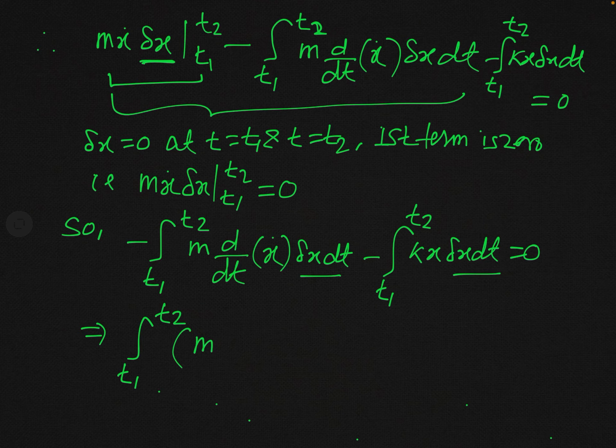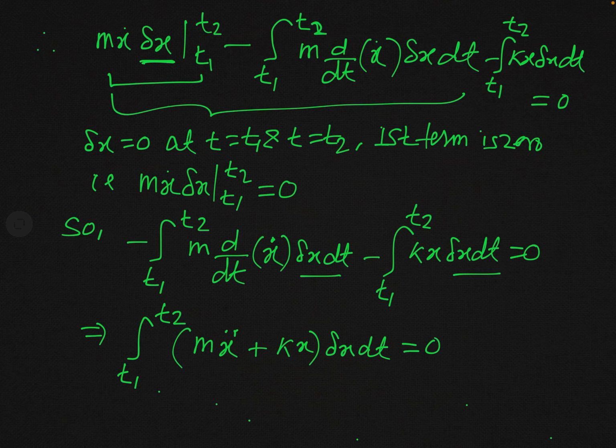When you differentiate this x dot with respect to t, that will be simply x double dot. So this is m x double dot plus kx, times delta x dt, and this equal to 0.